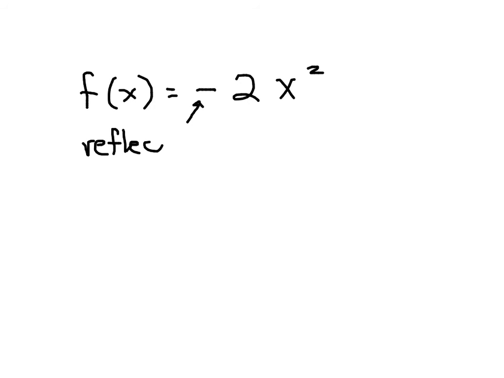Another thing that might show up is f of x equals, let's say, -2 x squared. This negative actually means that it reflects, so that will flip it over. Instead of opening up, it should open down, so I'm going to put opens down.